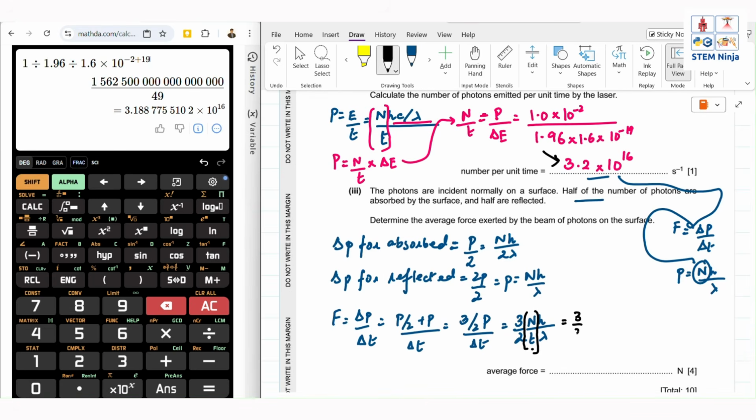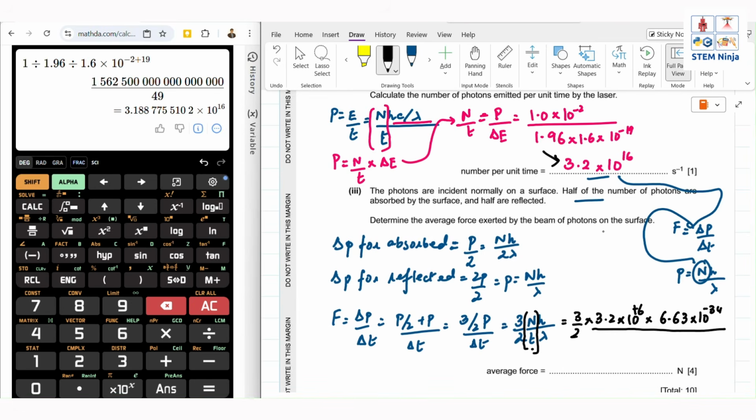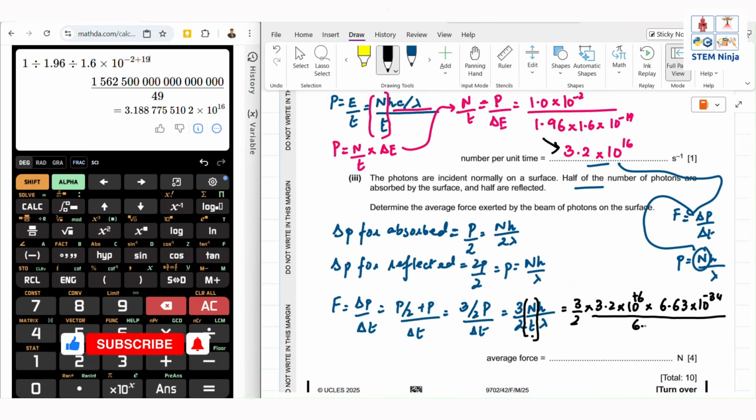So 3 by 2 times 3.2 times 10 raised to power 16, Planck's constant 6.63 × 10 raised to power minus 34, divided by the wavelength that we have figured out. So wavelength was 6.3 × 10 raised to power minus 7. Right, and that's about it.